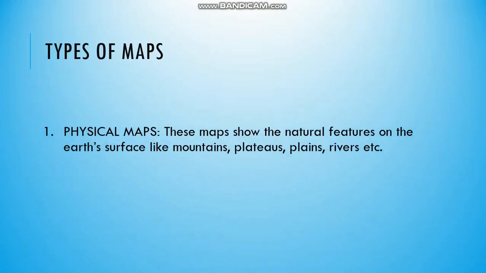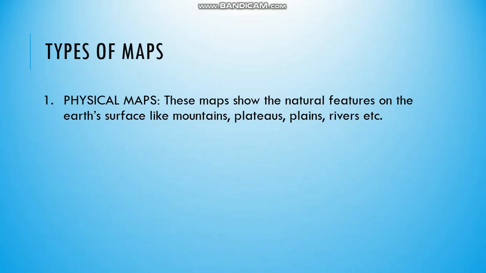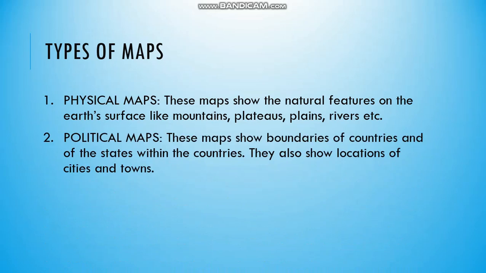Types of maps. So we have basically three types. First is physical map. This physical map shows natural features like surfaces of mountains, plateaus, plains, rivers, etc. Then we have political maps. These maps show boundaries of countries and of states within the countries.